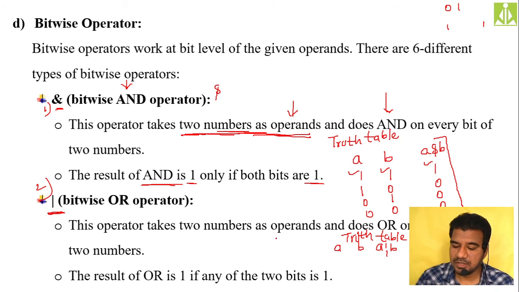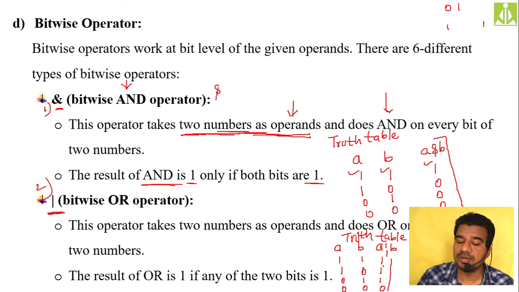Put both 1, 1, you will get the result as 1. Put 1, 0, you will get 1. Put 0, 1, you will get 1. If both are 0, you will get 0. So this is the truth table of the bitwise OR operator.